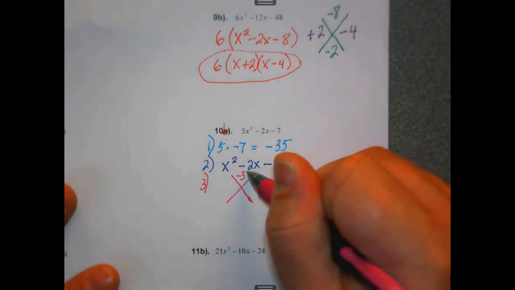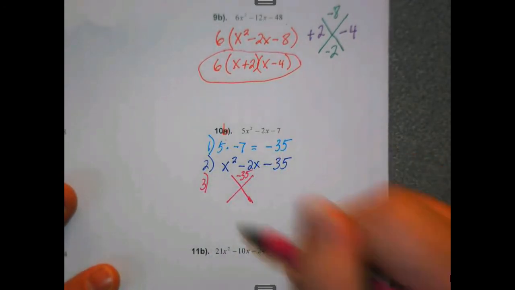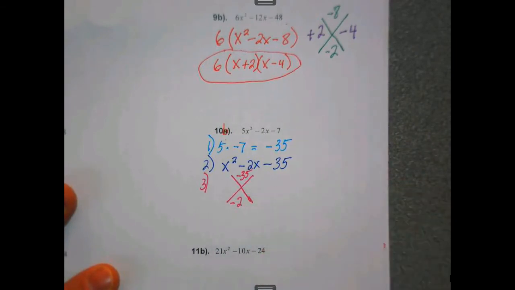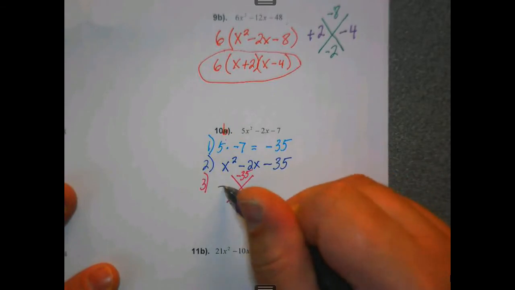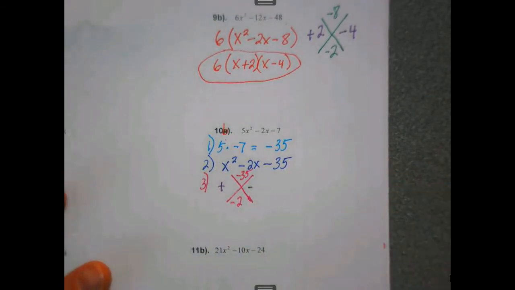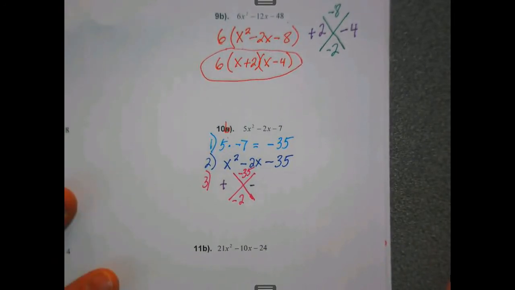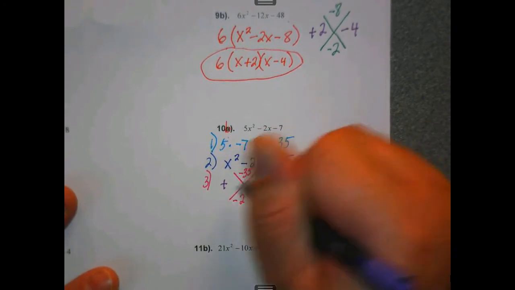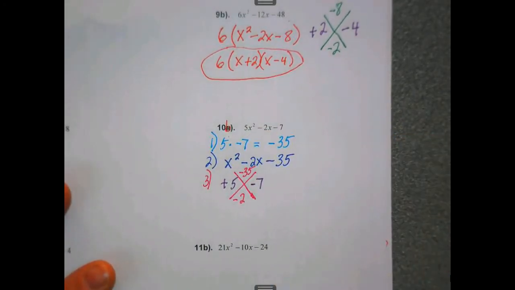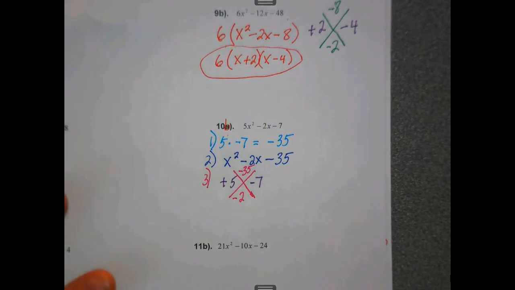Negative 35, negative 2. Let's see. Positive, negative, so I'm going to be subtracting. Factors of 35 that subtract to negative 2. Negative 7, positive 5. So those are my factors.